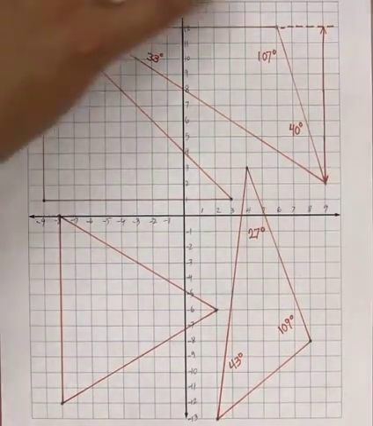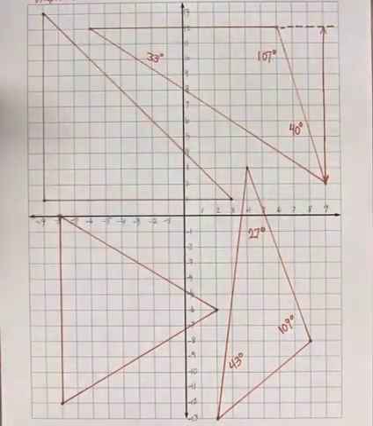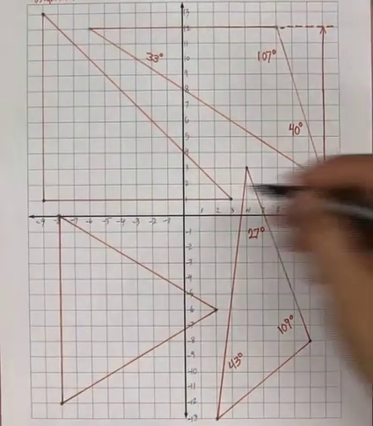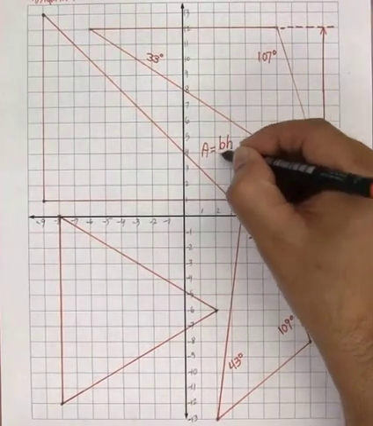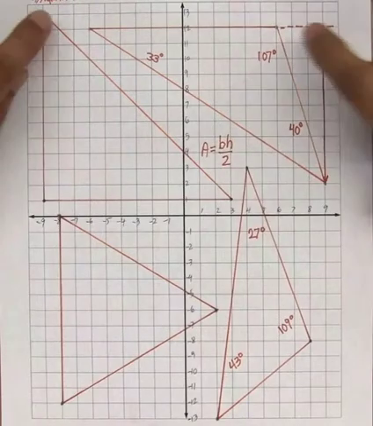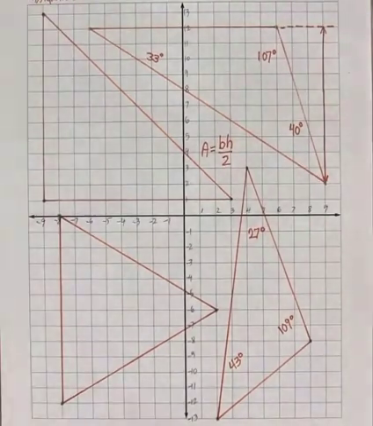So I would say the area of a triangle is base times height divided by 2.